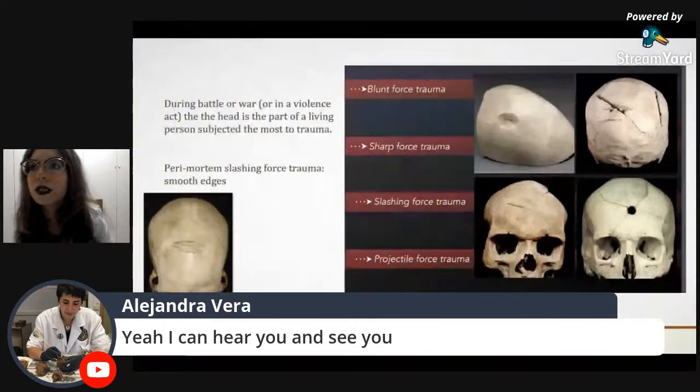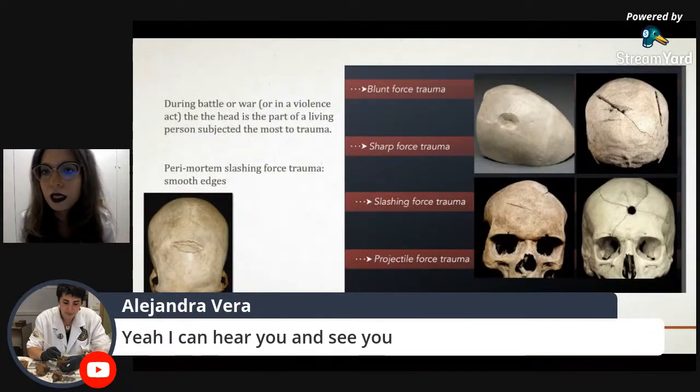Another type of trauma linked to the skull in ancient populations could be cranial trepanation, when a piece of the skull is removed manually with a manual drill.